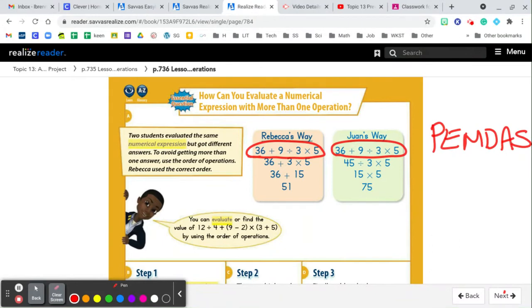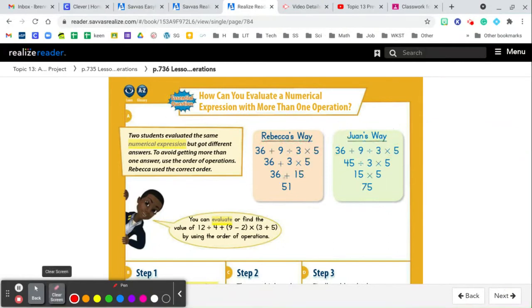So who is doing the addition first? Who's going left to right? Juan is, so I can tell he's wrong. Let's check Rebecca. You have to do the 9 divided by 3 first, and that's what she did. And then the second thing she did was the multiplication. And then finally she did addition. So she did it correctly.